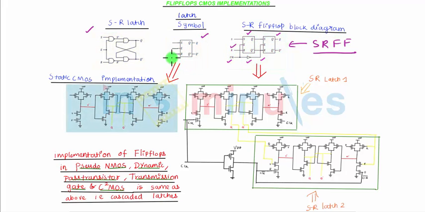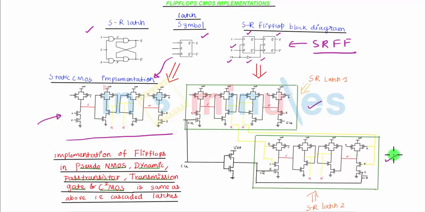We have already seen the representation of an SR latch in the static CMOS style in the previous clip. I have drawn it again just for your understanding, but you can refer to the previous clips to see how this is implemented. The change here is we'll draw this same circuit twice, 1 and 2, and the only change would be the enable signal to the first one is C and the enable signal to the next one will be inverted.